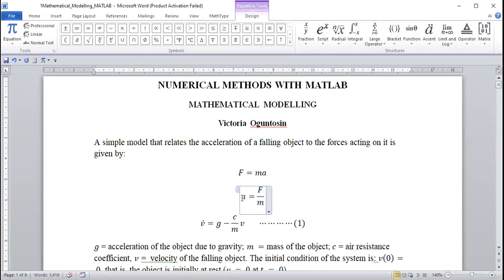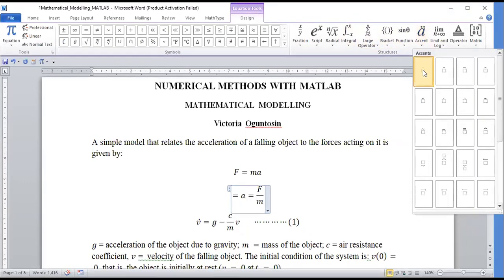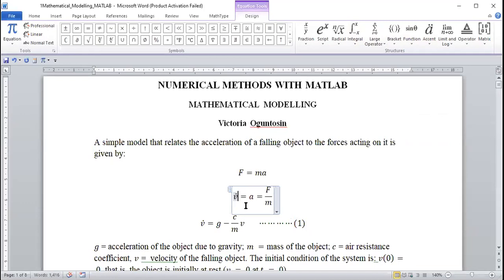And since a is the acceleration, we can express it as V dot, where V dot is the differentiation of the velocity.